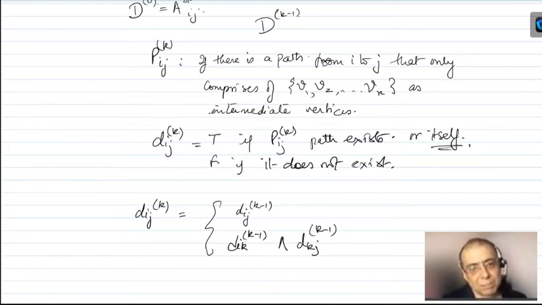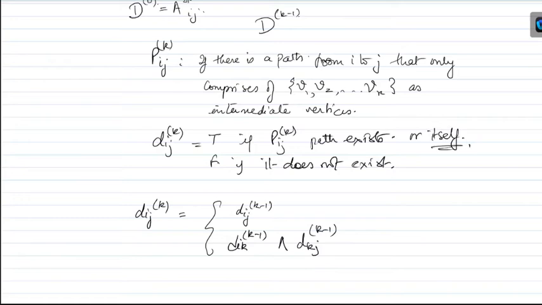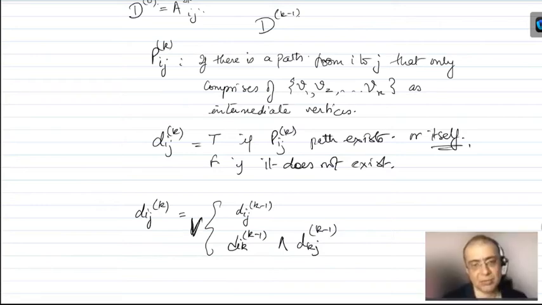Otherwise, if there already exists a path from vi to vj comprising only of vertices from v1 through vk minus 1. So what operator do I need outside here instead of min? Or. I'll just use an or operator here. If either of these is met, I have a path from i to j comprising of vertices from v1 through vk. Clear, guys?